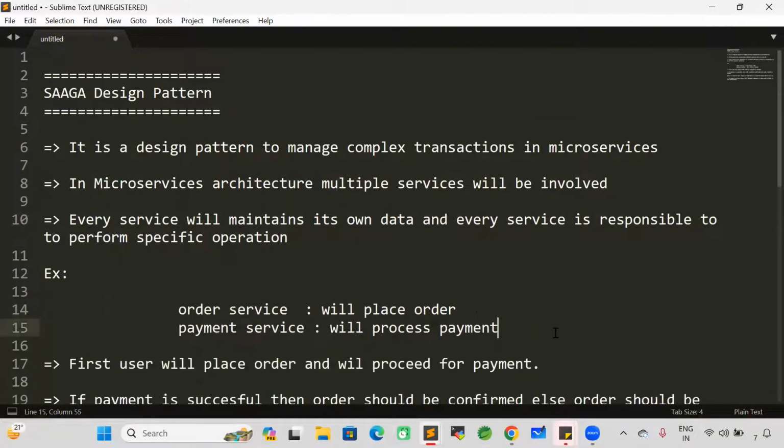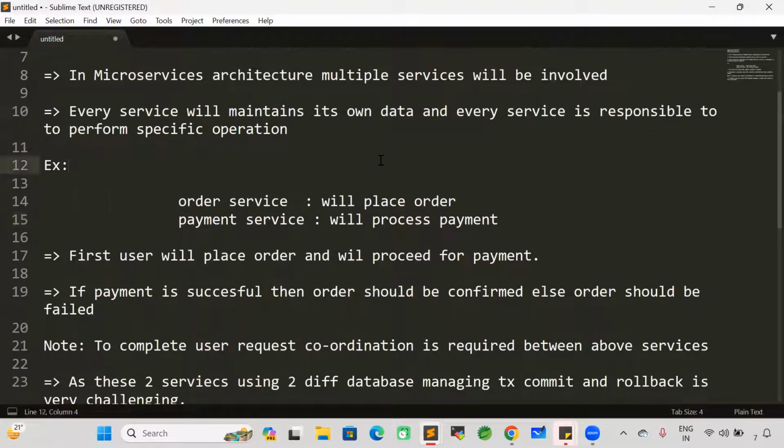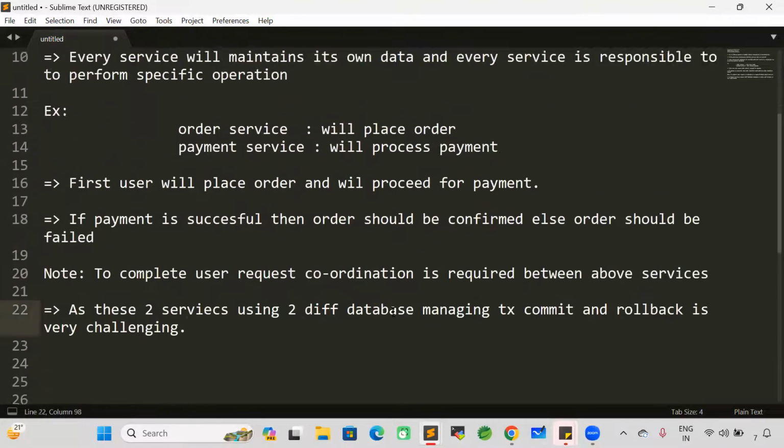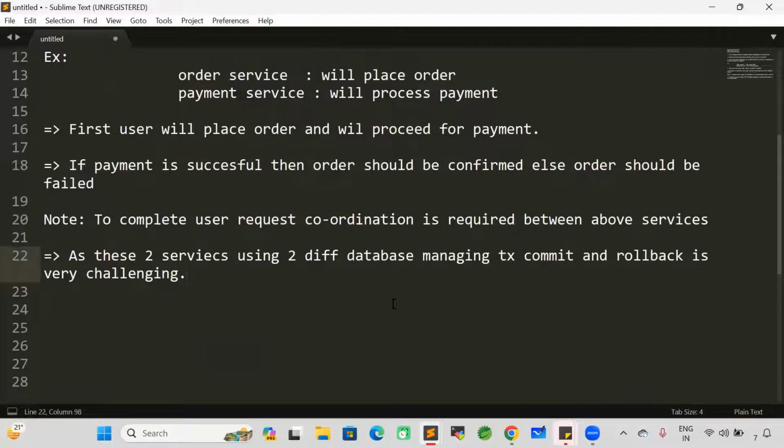Multiple services will be available in the architecture. Every service will maintain its own database and every service is responsible for its own functionality. When multiple services are involved, managing the transaction is very difficult. So we can simplify these transactions. As two services are involved in the operation, this is called distributed transaction.